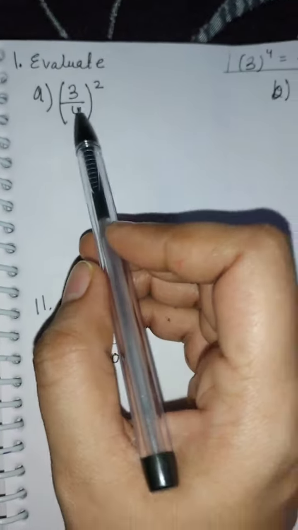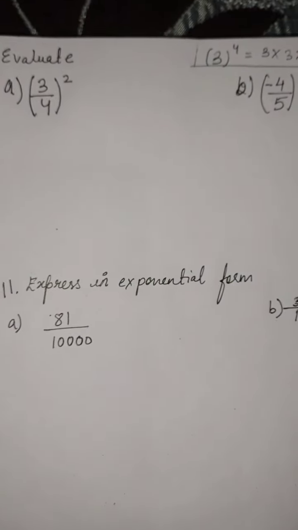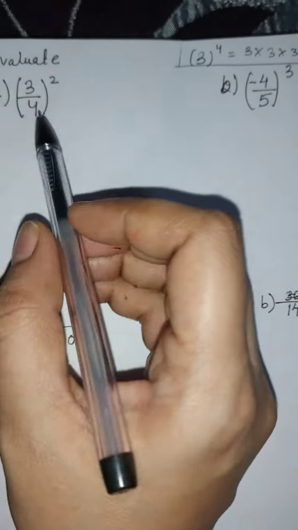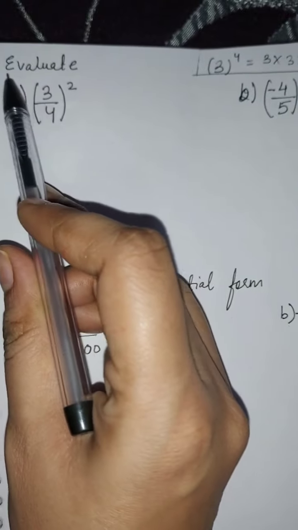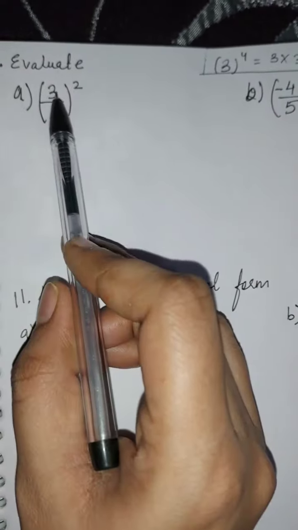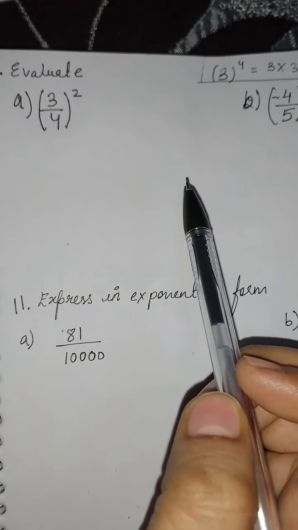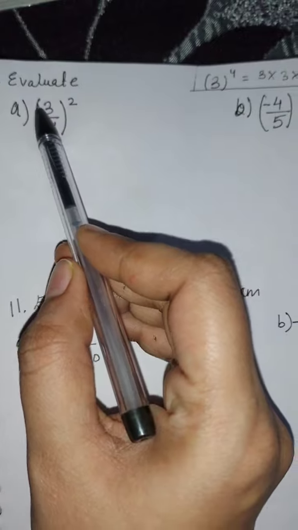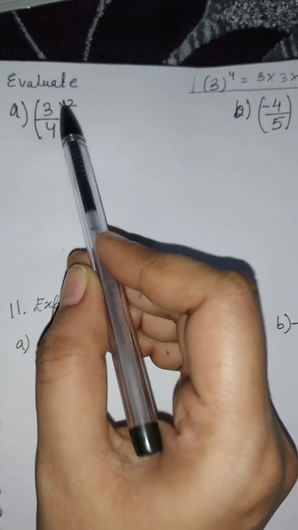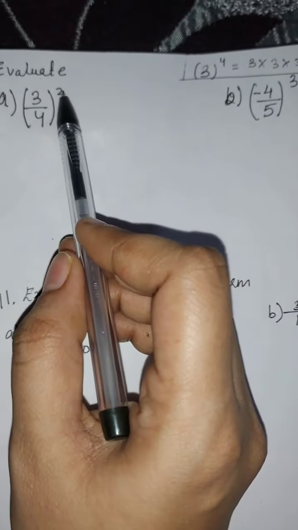Now in this video I'll take all the examples related to fractions. If you look at this sum, it says evaluate, we have to solve it. 3/4 is enclosed in a bracket and outside it is written 2. As you can see, a big bracket is there. That means both the numerator and denominator have the power 2.